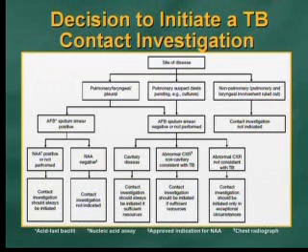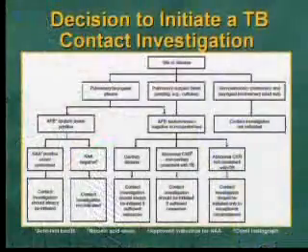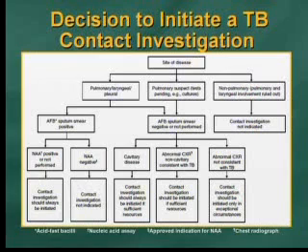I tell the student nurses all the time, if you get a person very hoarse in the hospital, the first thing they want to do is go over to the bedside and put their ear down there trying to hear it. But if that person has pulmonary TB or is suspected of having pulmonary TB, that's a risk if you're not wearing your N95 respirator. So by following this algorithm, you can determine if this is someone that you want to pursue a direct contact investigation on. Okay.